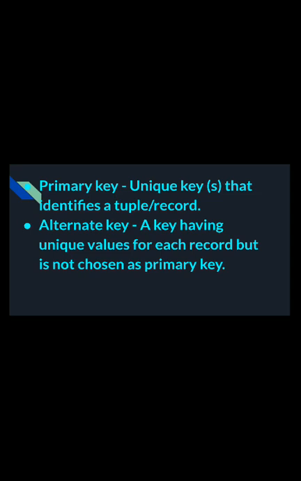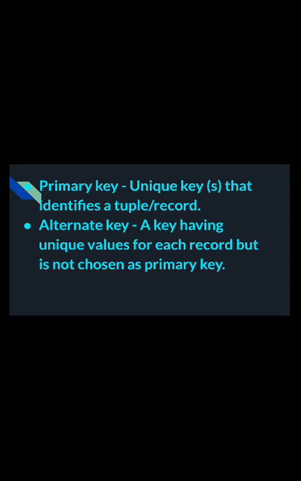Roll number is a field that can be set as primary key, because two students of the same class cannot have the same roll number. So the attribute that is going to identify a record is a primary key.